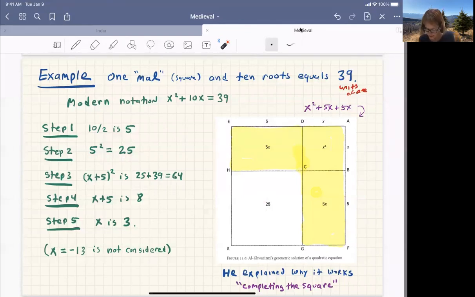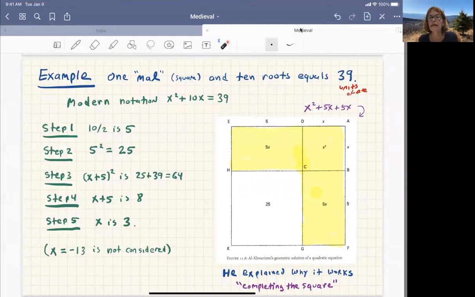And so we get that x plus 5 squared. So that has to be the 25 that we added on plus our 39 to get 64. So x plus 5 is 8, and therefore x is 3. Of course, we don't consider this negative solution.